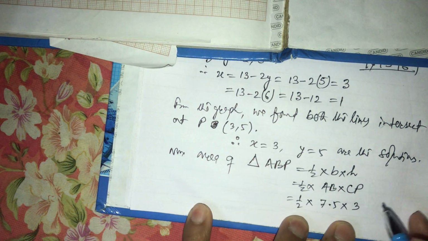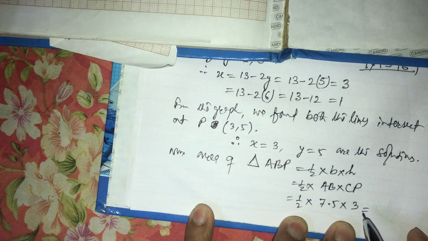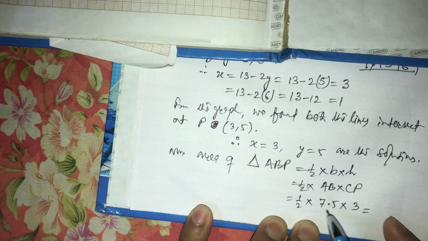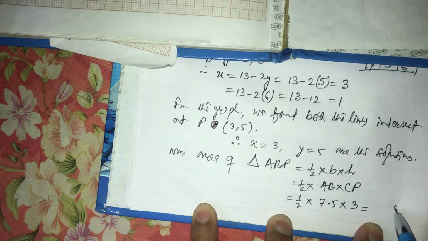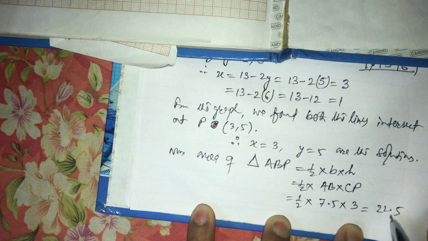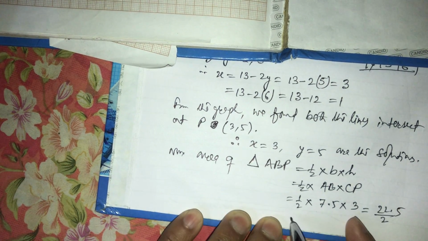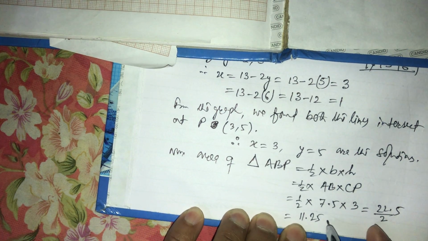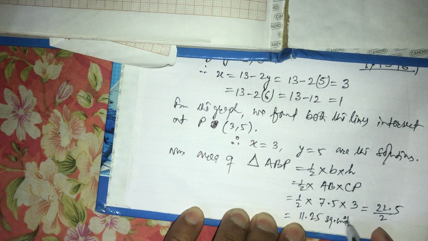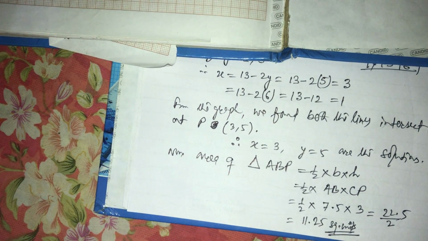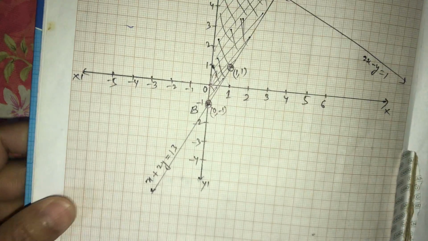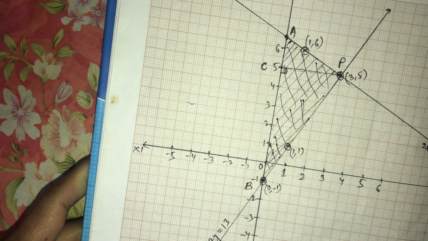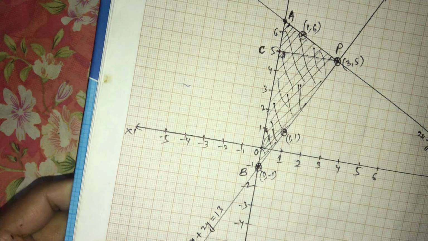So how much will you get? You can calculate easily. 3 fives are 15, 1 21, 22 by 2. So this is 11.25 square units. Done. So this is how we find the area of any triangle in the graphical method.